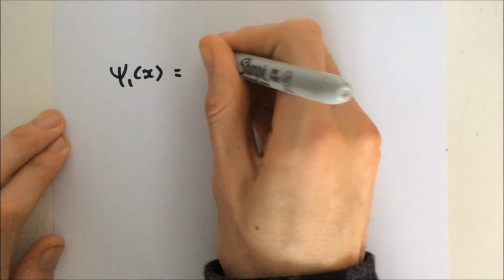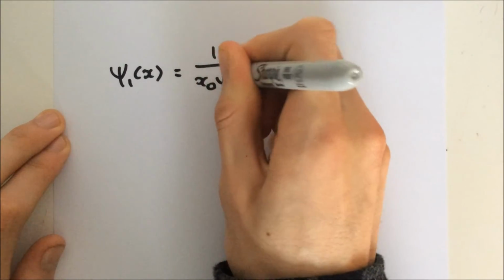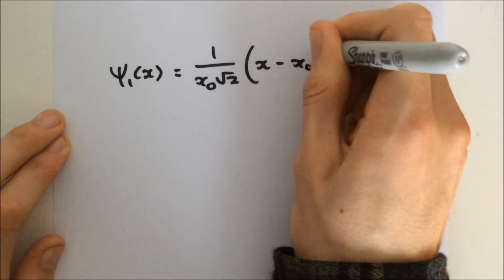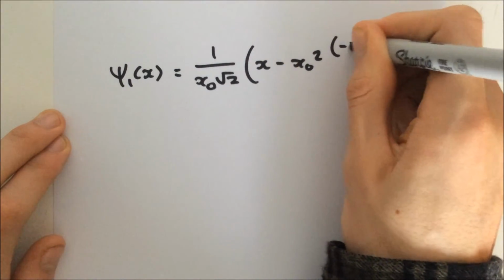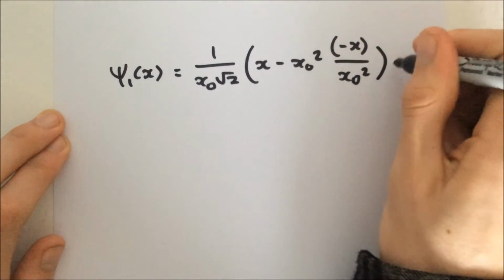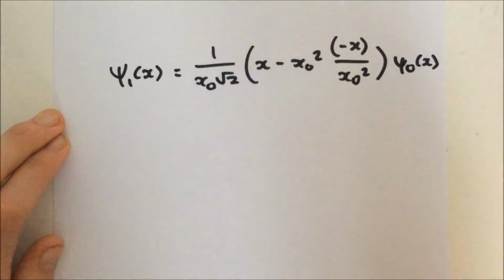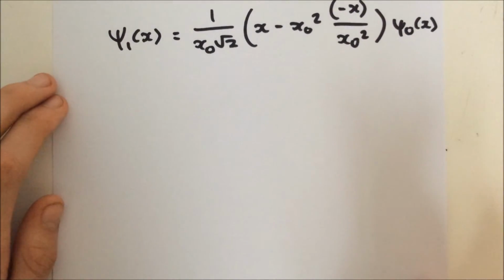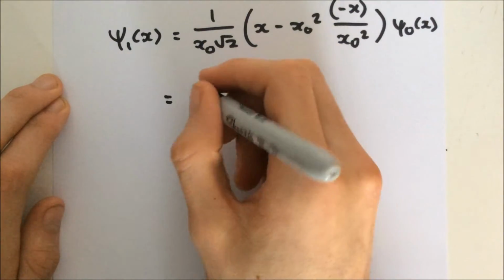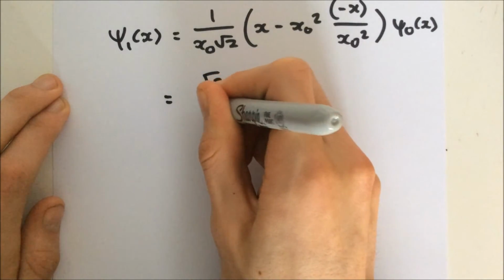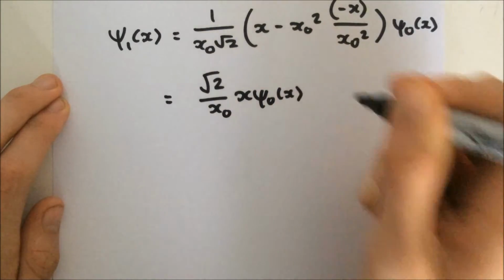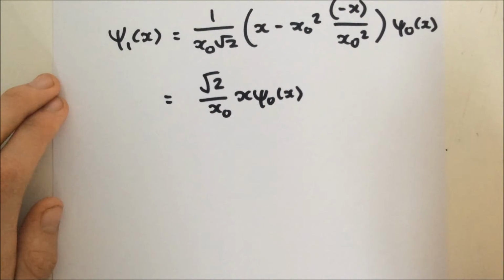We have psi 1 of x is equal to 1 over x naught root 2, and then we have x minus x naught squared, and then we multiply by negative x divided by x naught squared, and then we have our wave function. So all of this, as you'll be able to see, is equal to root 2 divided by x naught multiplied by x times psi naught of x.